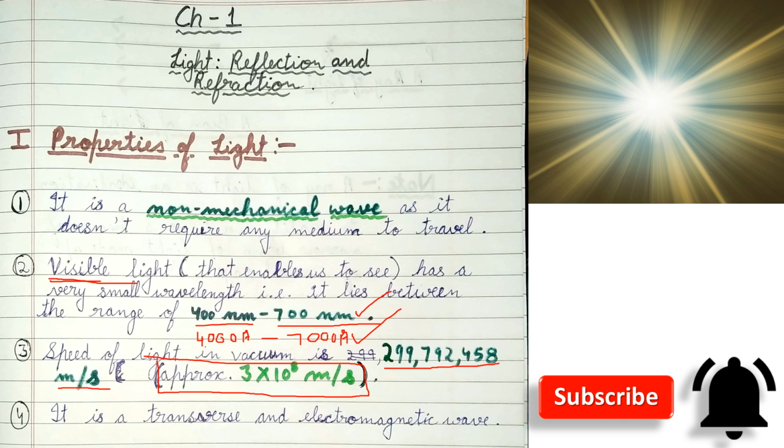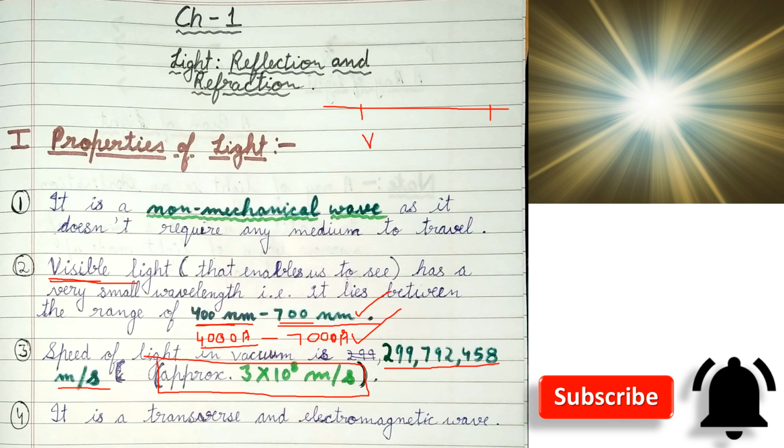And if we want to remember which color is of 400 nanometer or 4,000 angstrom, or which color is of 700 nanometer and 7,000 angstrom, we can just do this. Let's draw a line of this range. This is 400 nanometer, and suppose this is 700 nanometer. White color is made up of seven colors. We know that.